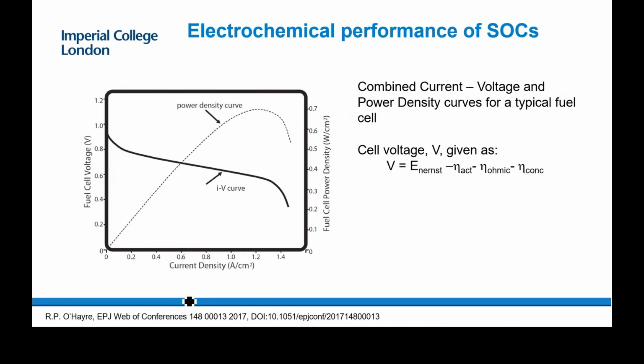So now you can simplify this by saying that your cell voltage is essentially your Nernst potential minus your activation polarization, your ohmic polarization, and your concentration polarization. So you can use the IV characteristics to characterize the cell losses in your fuel cell technology.